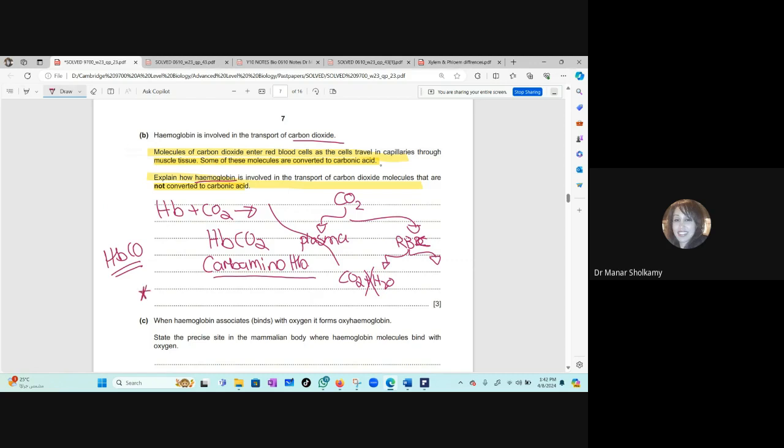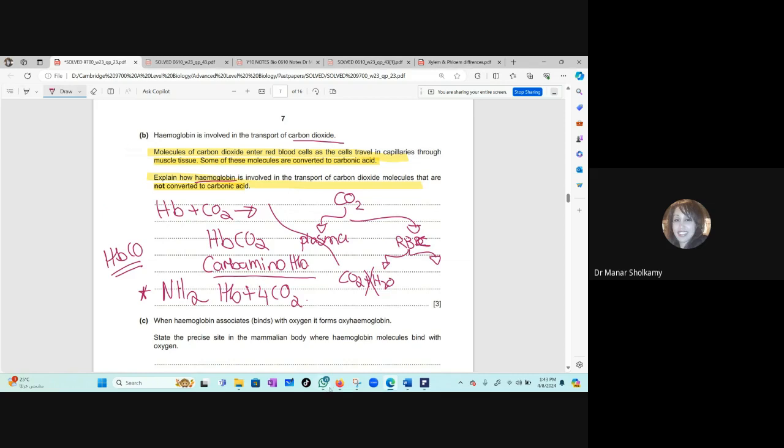And where exactly does it bind in the hemoglobin? Which part does it bind to? I just said it. The ends, the amine groups. Yes, it binds to the ends or the amine groups of the hemoglobin, and every hemoglobin molecule can bind with 4 carbon dioxide molecules.